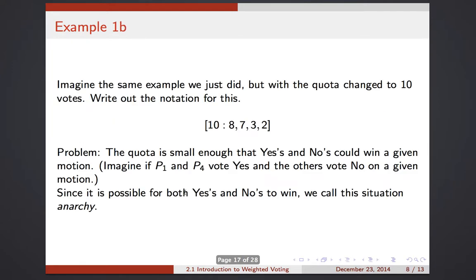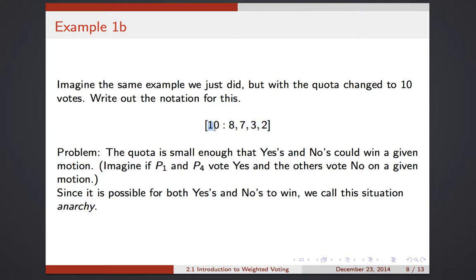Okay, so in this previous example we just did, there are 20 total votes in the system, so we'll assume that the quota must be 20 or smaller so that something actually can pass. But we'll also assume that you need a simple majority, and 11 is what you start with if you need a simple majority. So in this particular voting system here, where these are the 4 players, we're going to assume that the quota lives between 11 and 20.